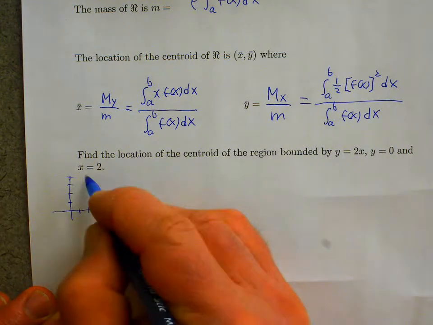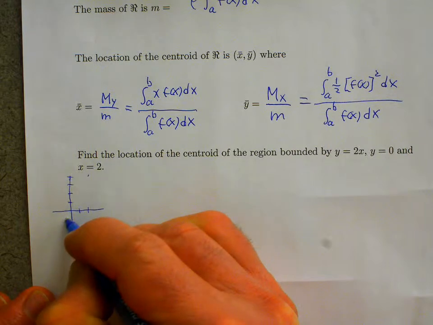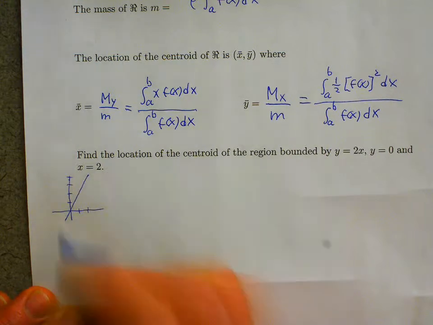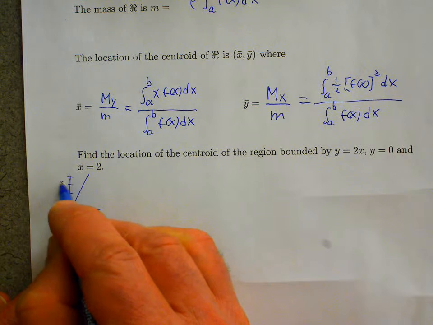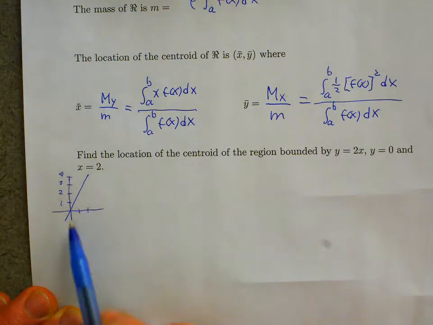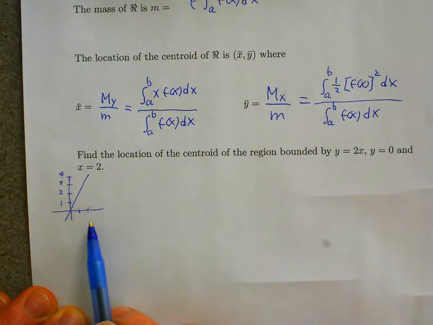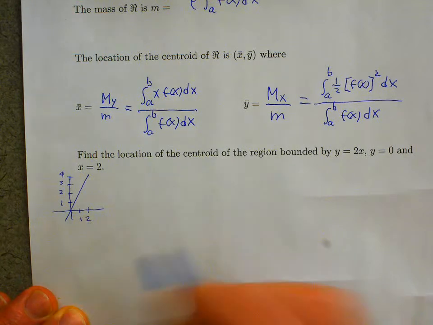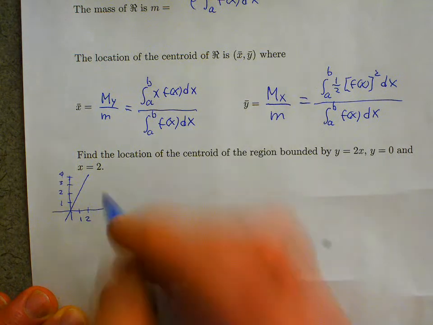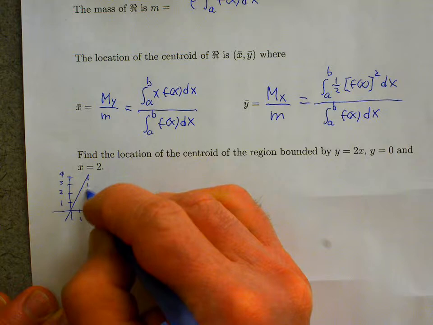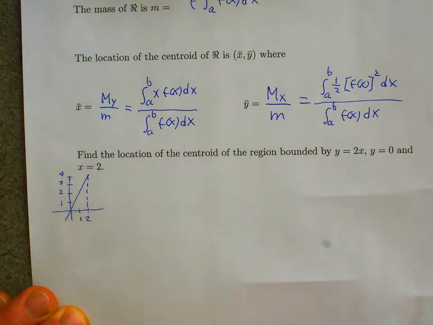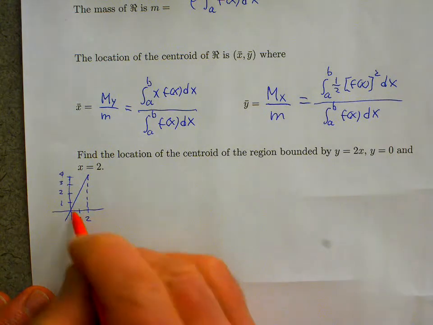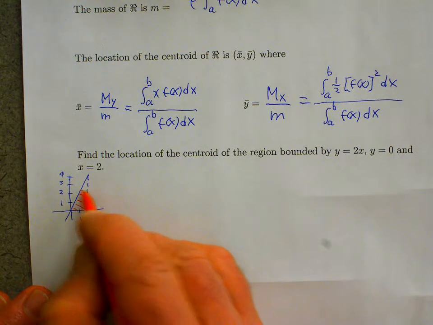So y equals 2x, a straight line with a slope of 2 passing through the origin. And the line x equals 2 is the vertical line. So we want to find the centroid of this region.